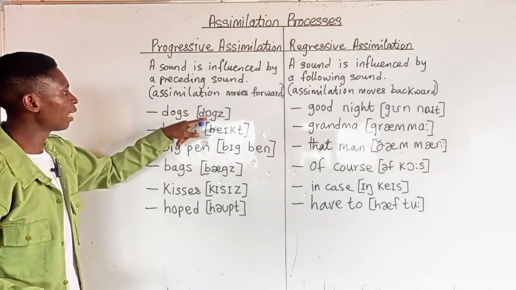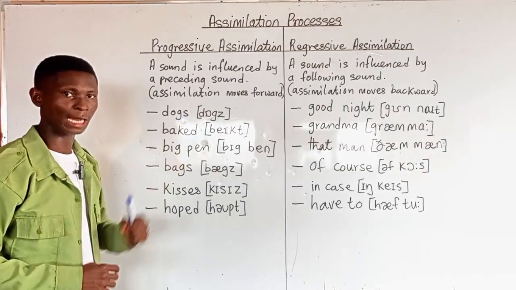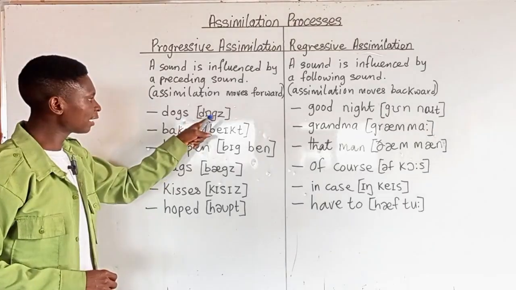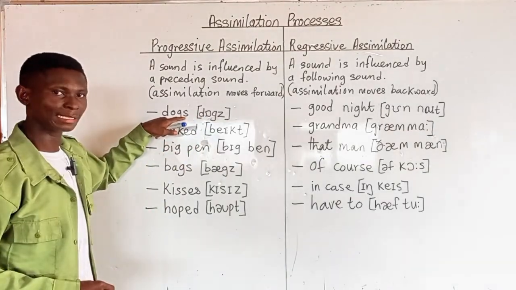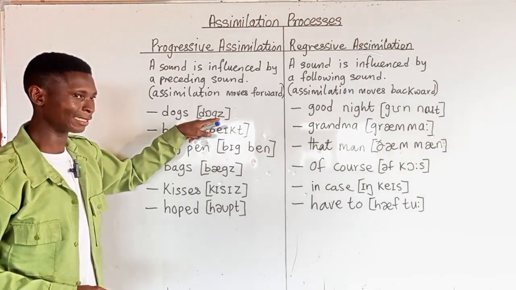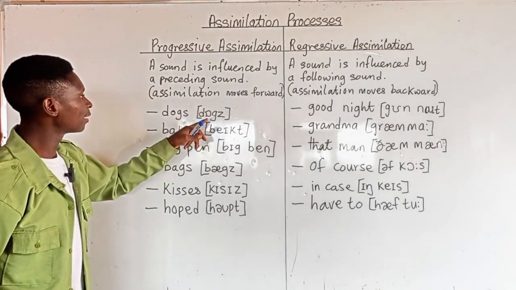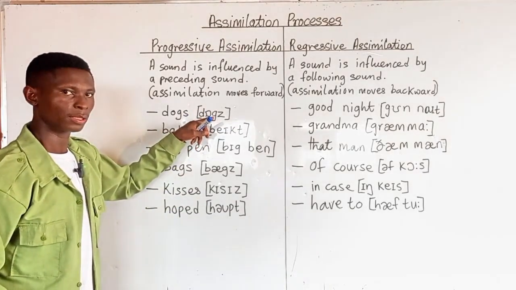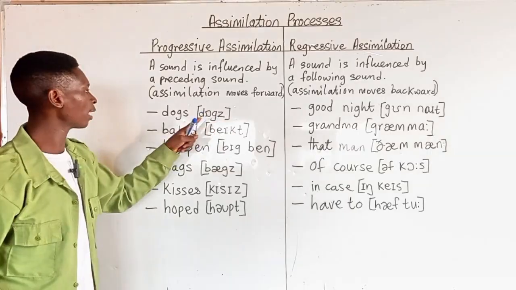So here we have the d sound, which is a voiced sound, and immediately after the d sound, the letter s is realized as z. That's to indicate that the voicing here influences the next sound. So we have does.